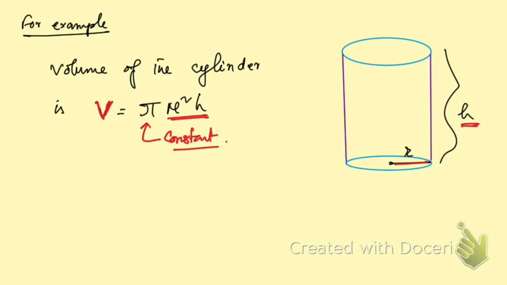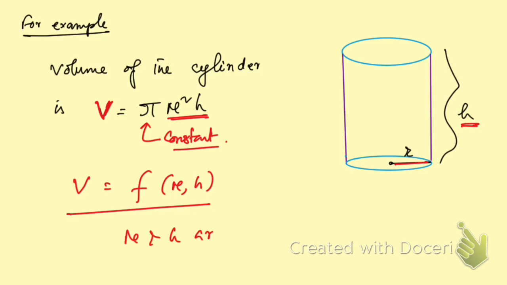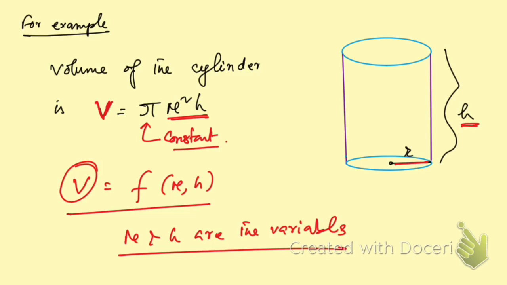That means for different r and h you get different values of v. So we can say v is a function of r and h. Here r and h are the variables and pi is constant. So this is a function of two variables, r and h. Hope you have got it.